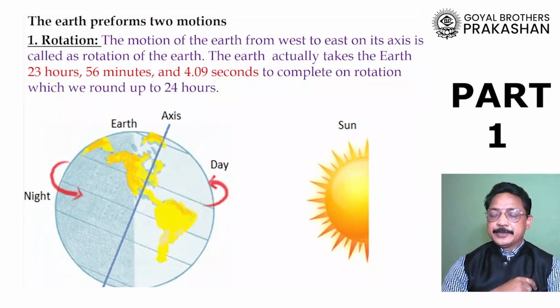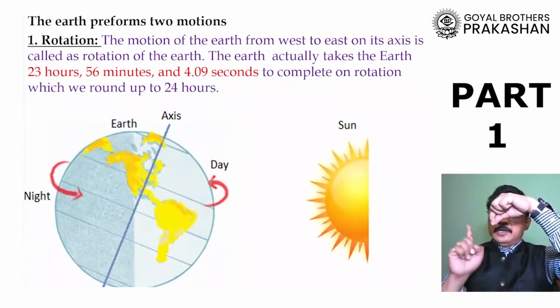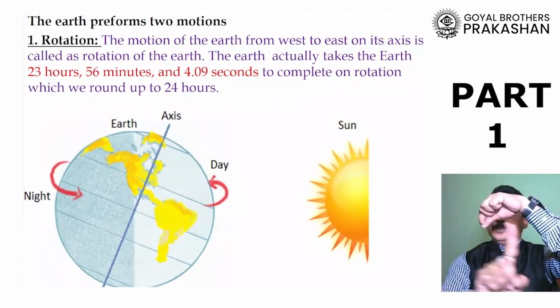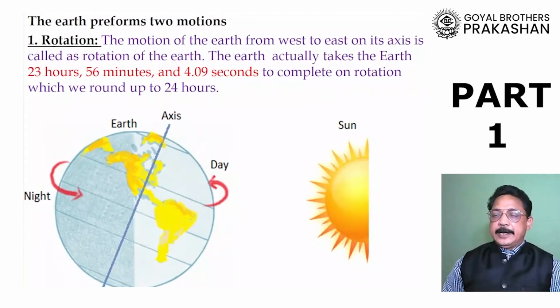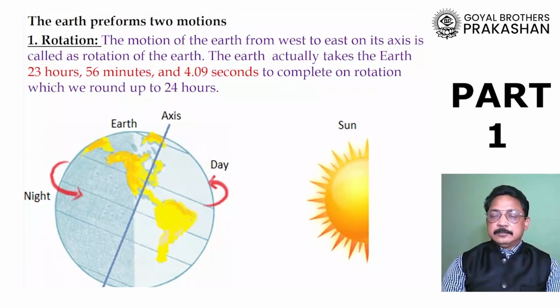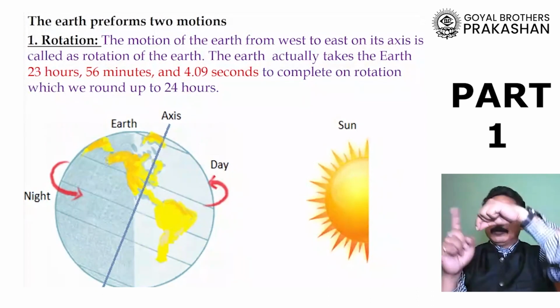Now the question is, what is rotation? As I already told you, it is the movement of the earth around its own axis. This motion is called the rotation of the earth. Now you will be wondering what the speed is, or how much time exactly the earth takes to complete one rotation.